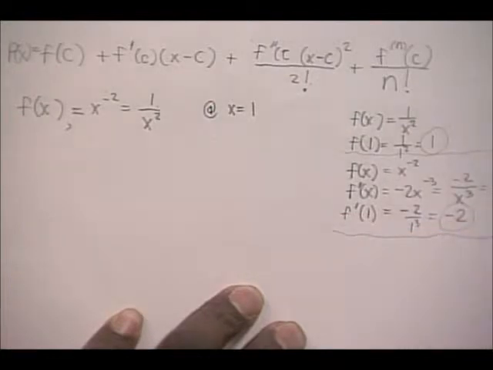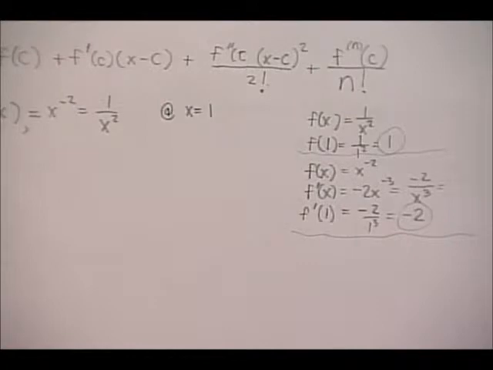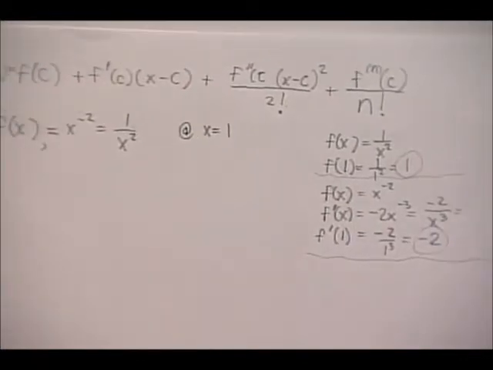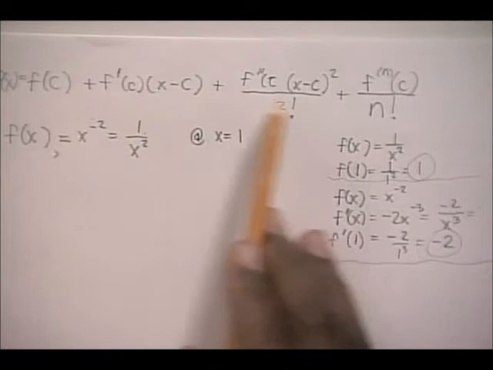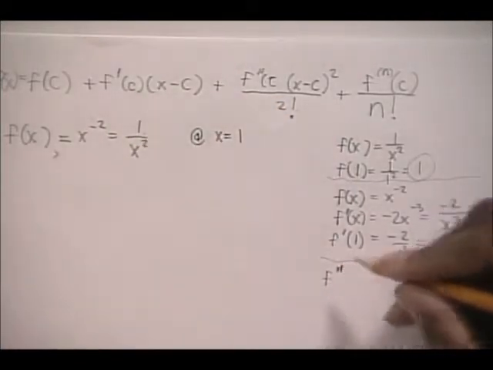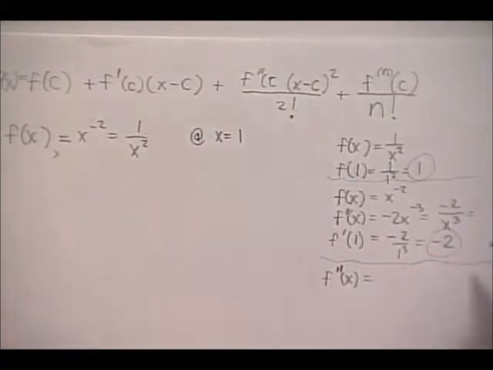You'll discover a pattern with all of these problems. It might be confusing at first, but to some degree this is a problem where you're just doing a lot of calculating and substituting into this definition format. So let's figure out what f double prime sub x is. We know that f prime sub x is negative 2x to the negative 3.